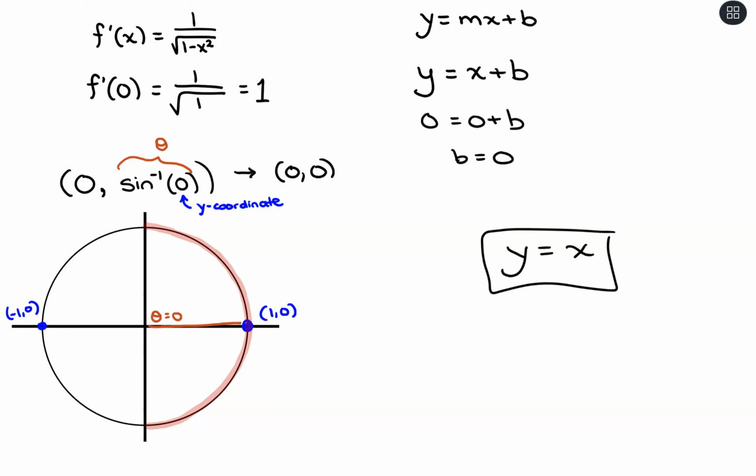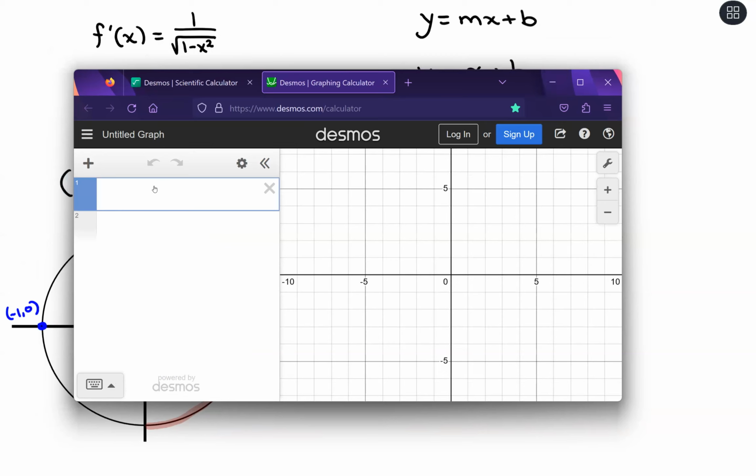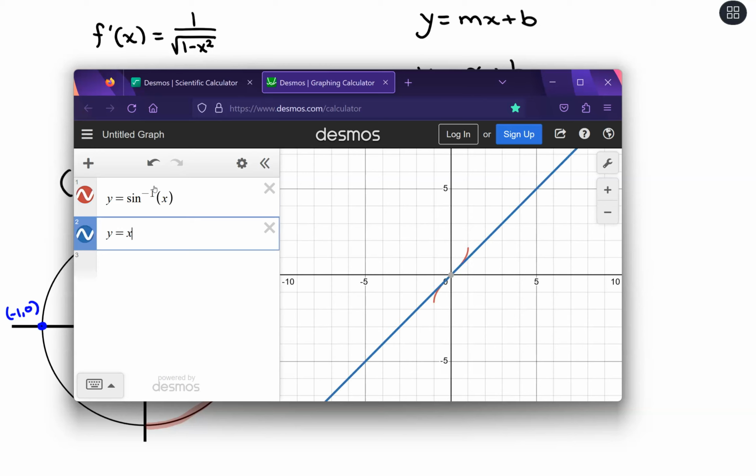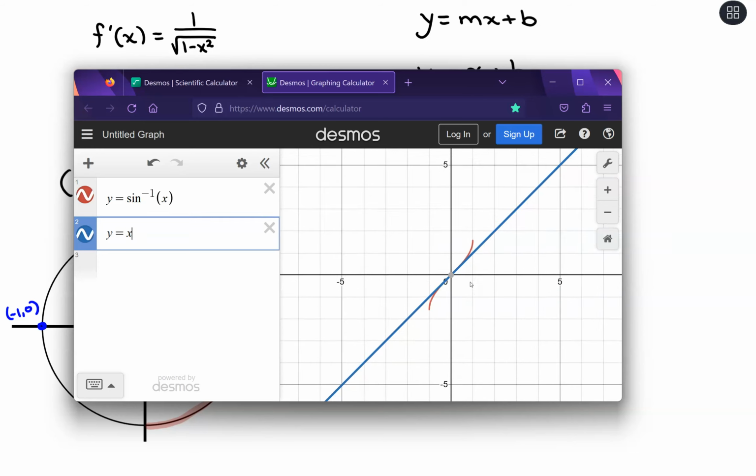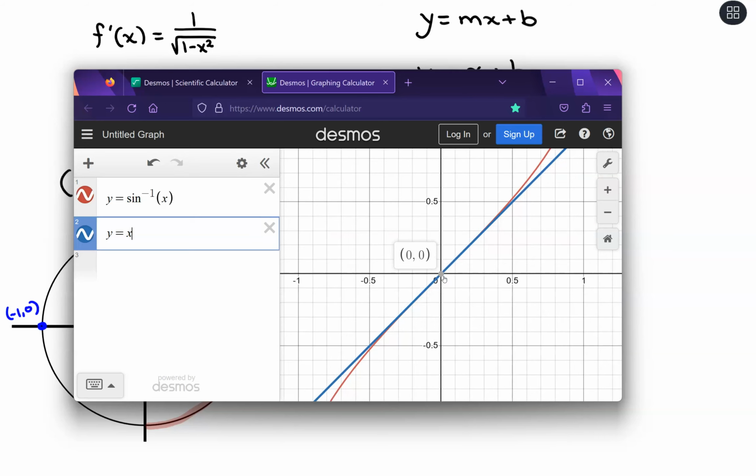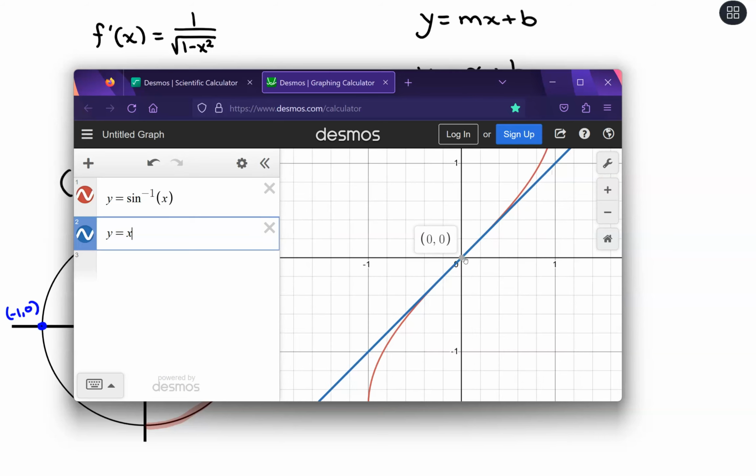And we could confirm this with Desmos. Let's in fact do that just real quick. If we want to, we could graph our inverse sine function, sine with a negative 1 of x. And we just found the equation of the tangent line of y equals x. And if we zoom in, we can see those line up nicely together.